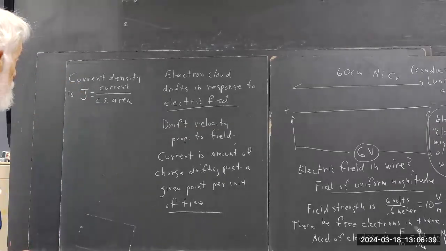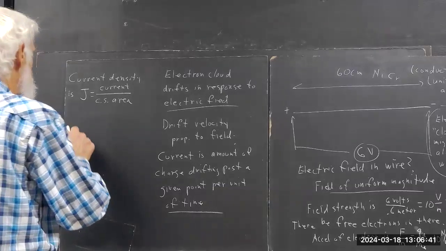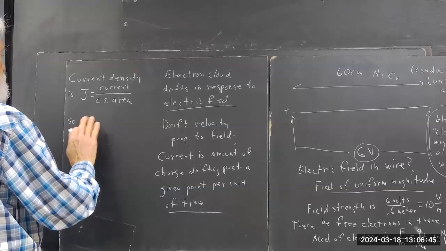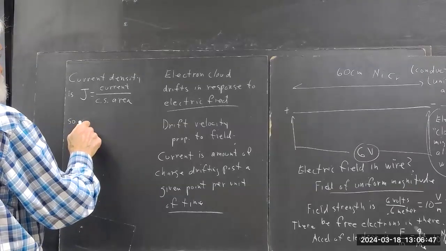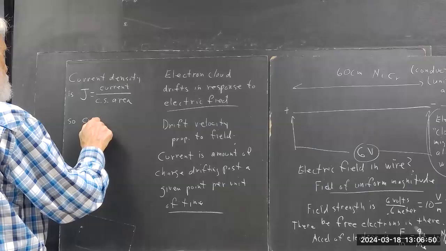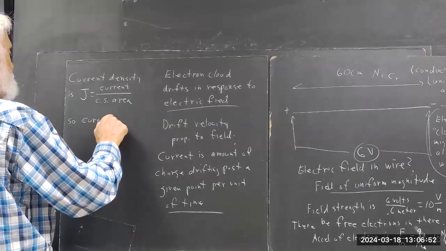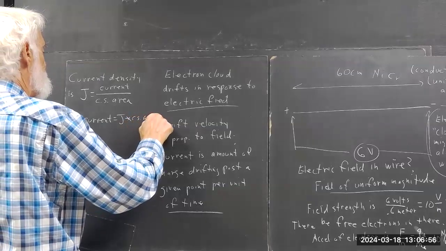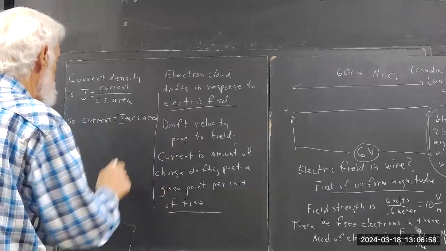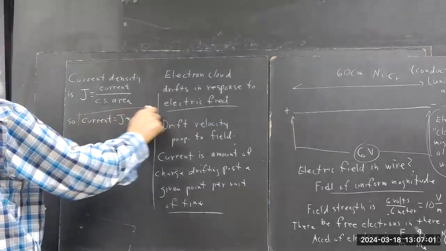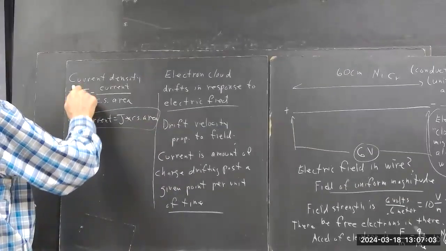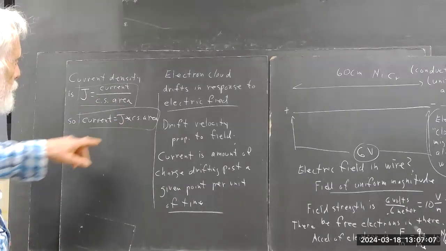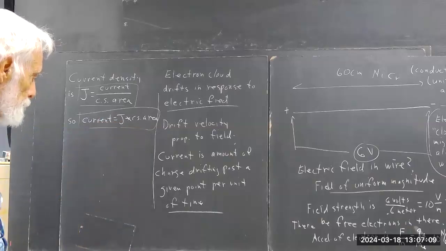Okay, so you have these two simple relationships. Current is your current density times the cross-sectional area.